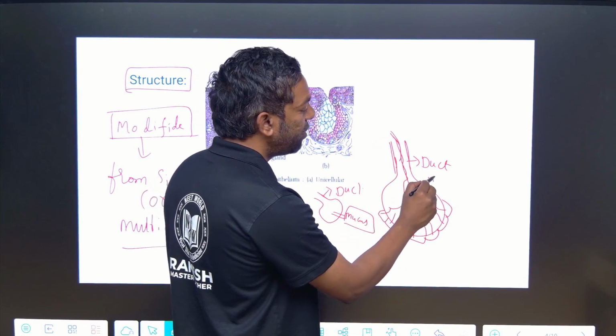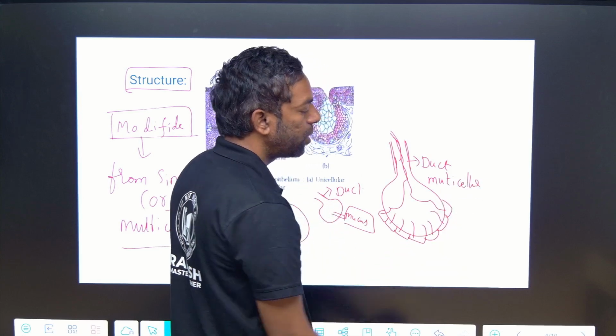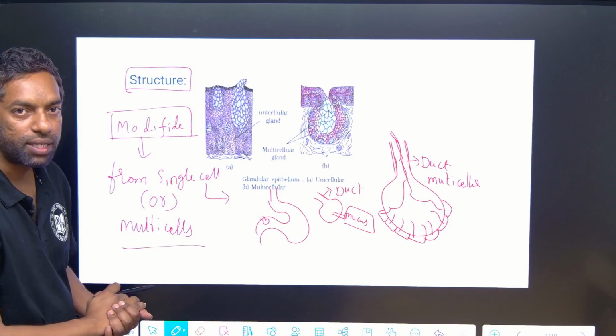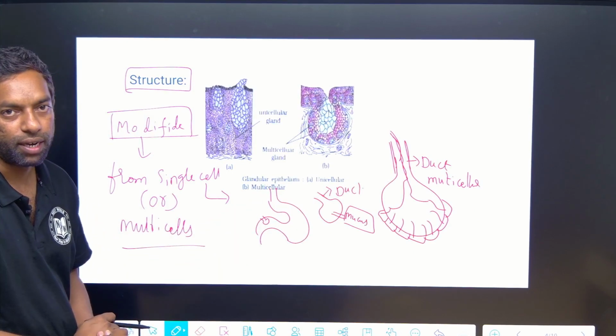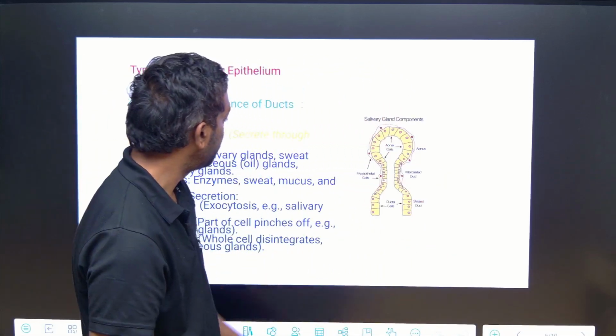This is multicellular. The glandular epithelial cells can be made from a single cell and also from multiple cells. Okay, come to the next slide.